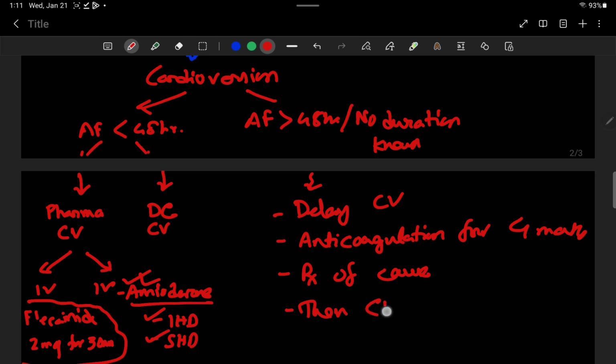Then we will do cardioversion if it is not resolved, and we will continue this anticoagulation even 3 months after that cardioversion.